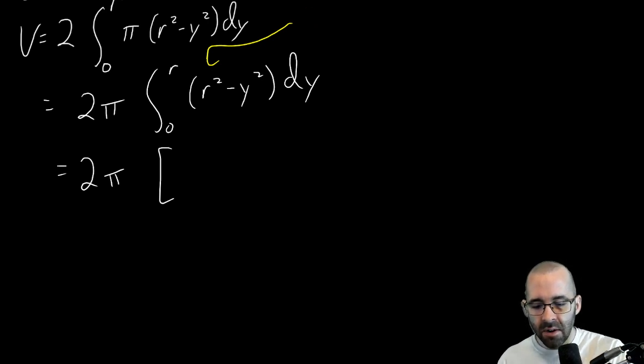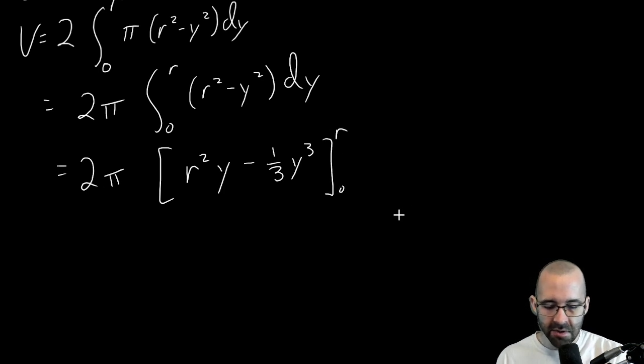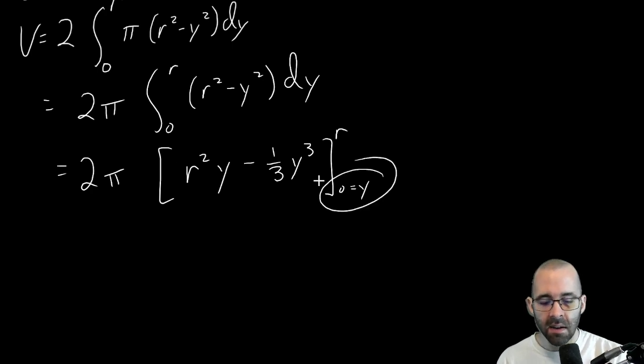The antiderivative of r squared, which is just some number, is going to be r squared times y. And then the other one is more normal, evaluated from y equals 0. And again, it's a good idea to remind yourself, if you have multiple letters, to be very clear that these limits are for y.